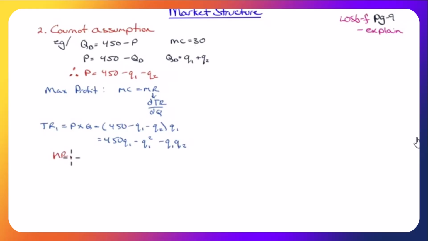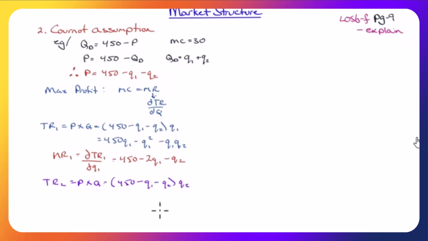And we can take a derivative of that. Our marginal revenue curve, which is the derivative of that, and we're dealing with a partial derivative now because we have Q1 and Q2 in here. So let's make sure that we say that we're taking a partial derivative with respect to Q1 in this particular case. We will have 450 minus 2Q1 minus Q2. And if we do a total revenue curve for firm 2, again, it's price times quantity, which equals 450 minus Q1 minus Q2, but this time multiplied by Q2.